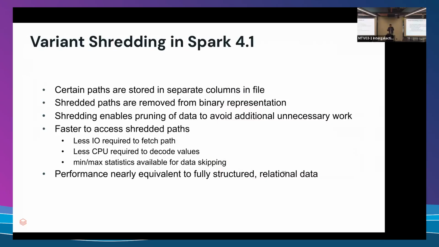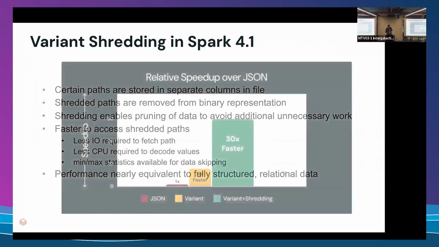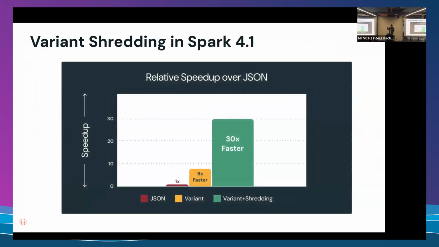It also gives us the ability to do schema pruning and predicate pushdown, so less IO and less CPU are required, and we also get some statistics. We see the performance gain is super fast. If you use the JSON type as 1x, with the variant type and shredding in Spark 4.1 we see a 30x performance gain compared with handling pure JSON. This is really amazing.